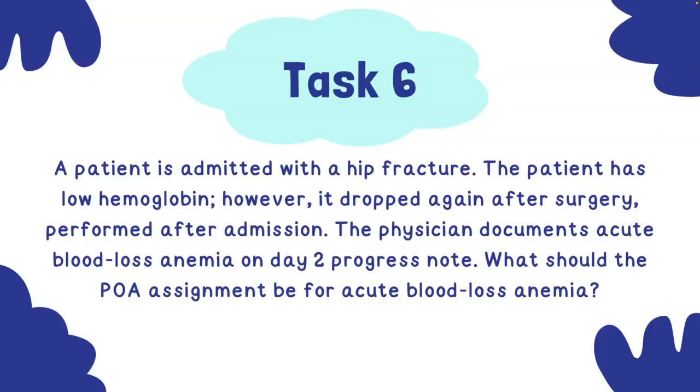You gotta read the scenario and understand what's happening. Admitted with a hip fracture, has low hemoglobin, but it dropped again after surgery. The surgery was performed after admission, and on day 2, the doctor says acute blood loss anemia.